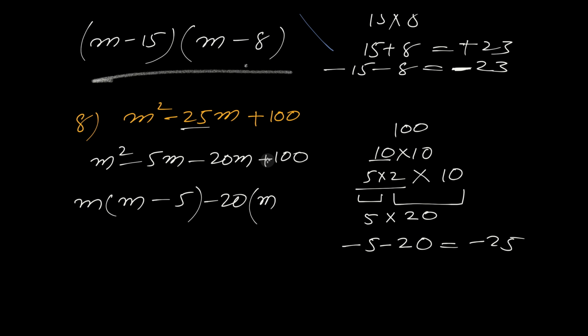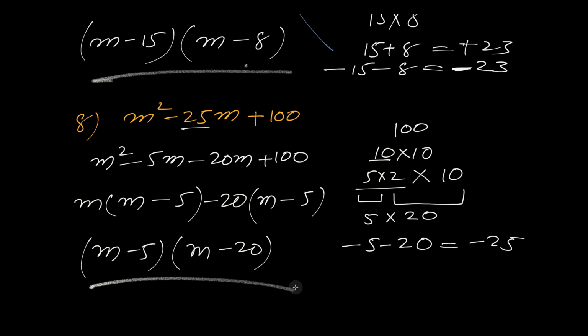Now this is plus symbol, so minus into minus is plus. 100 divided by 20 is 5. These two are same, that means we are going to get the result m minus 5 one time, and m minus 20 is the remaining, which is our answer.